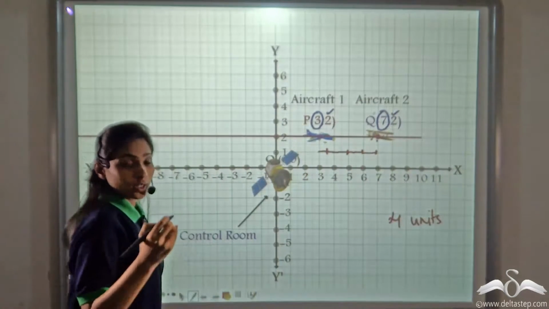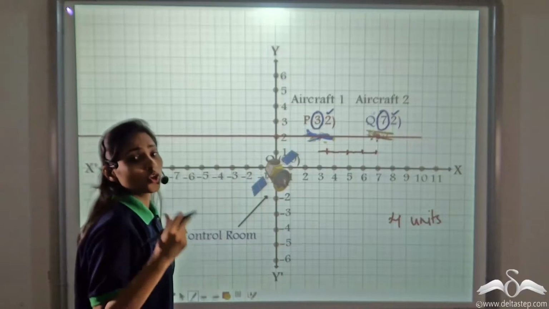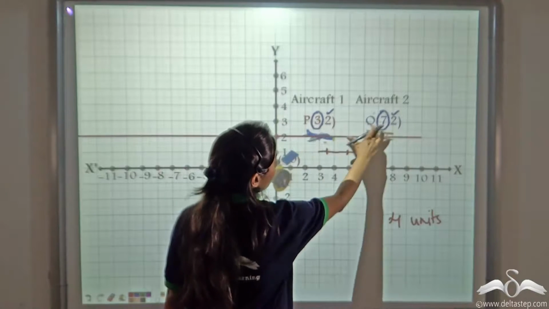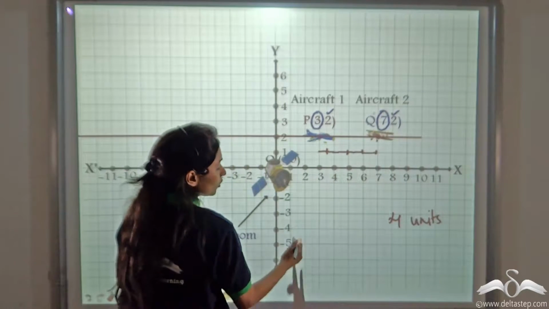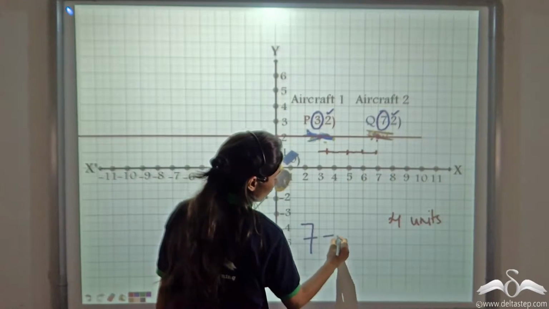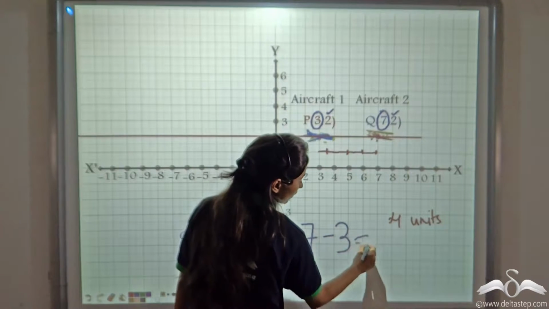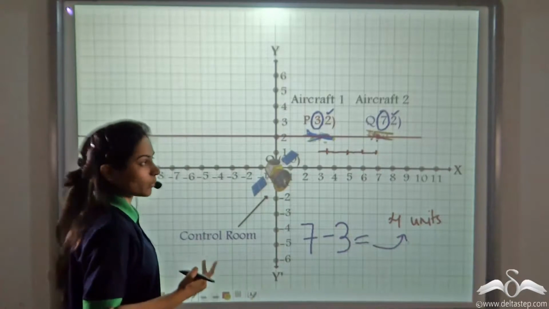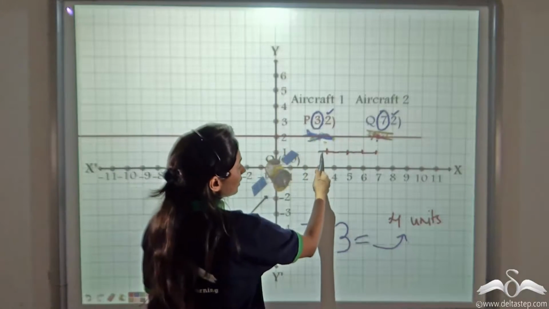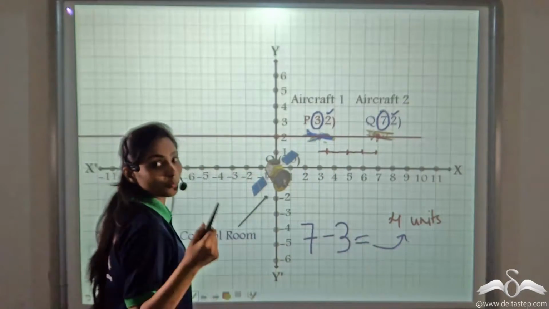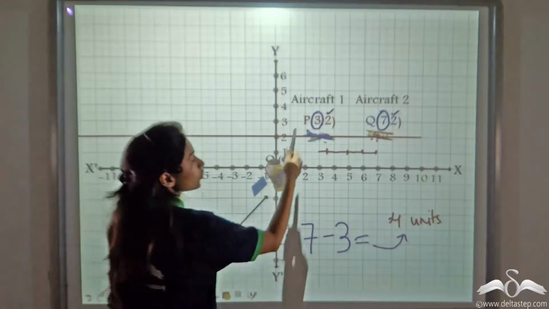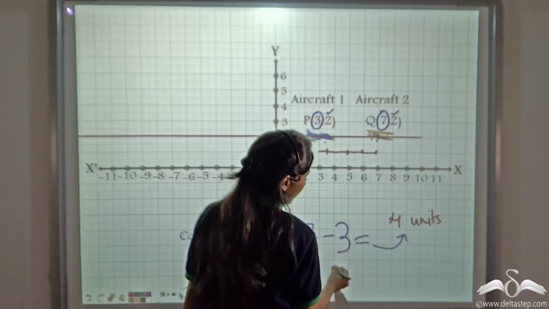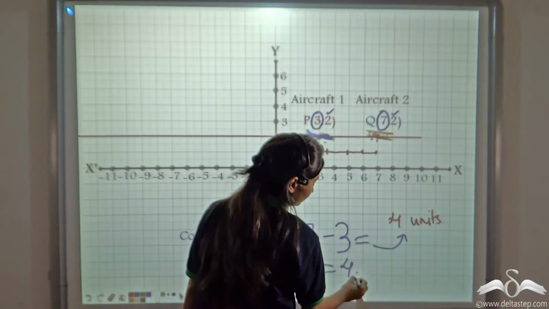So to find out the distance between these two aircrafts, you can simply subtract the x coordinates. So what will you do? Just subtract 3, 7 minus 3, which will give you the 4 units. So you could do it both ways. Graphically you could see there were 4 units, and with the use of coordinate geometry, you subtracted the x coordinates, which gave you the answer 7 minus 3, which is 4.